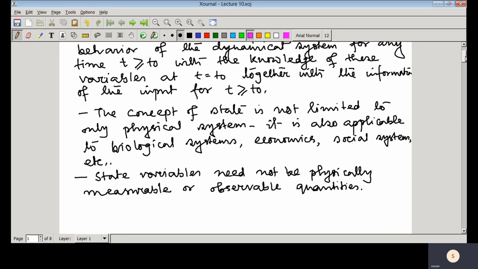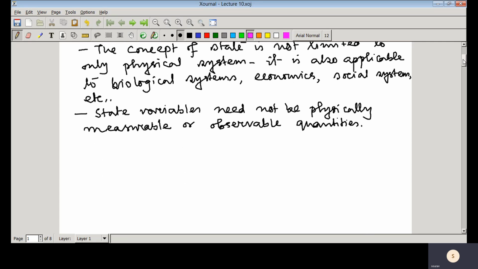So now let us see what is state vector. If n number of state variables are needed, then these n state variables are considered as the n components of a vector x. This vector is called the state vector.